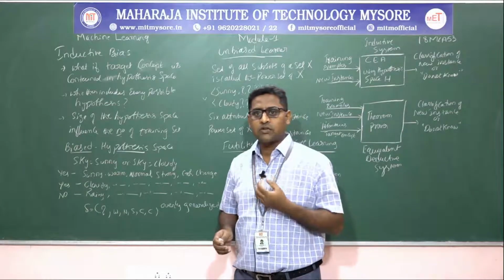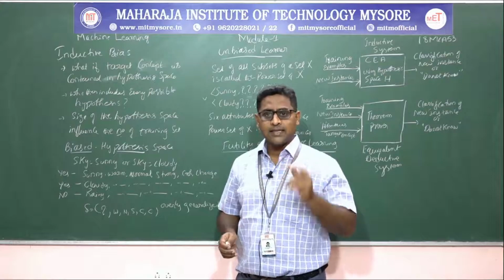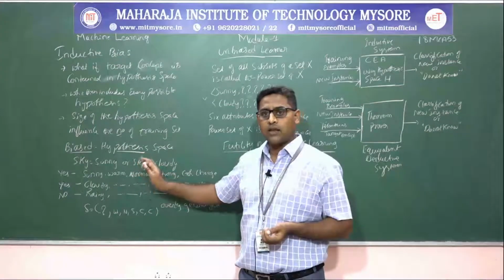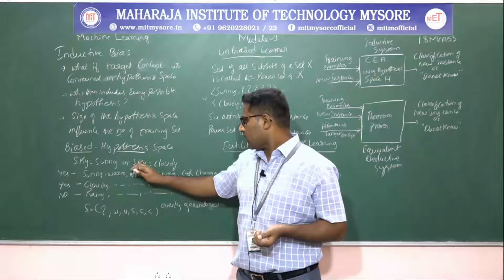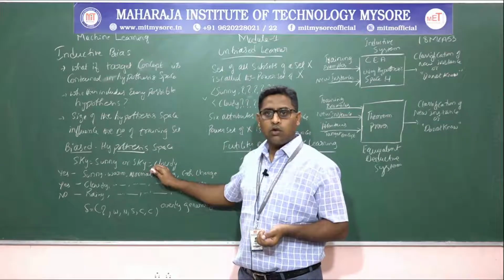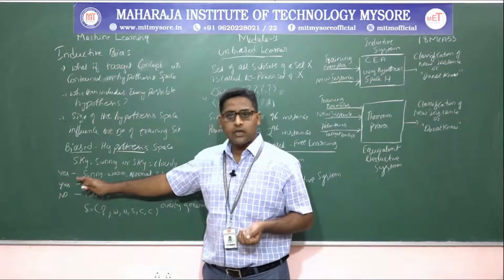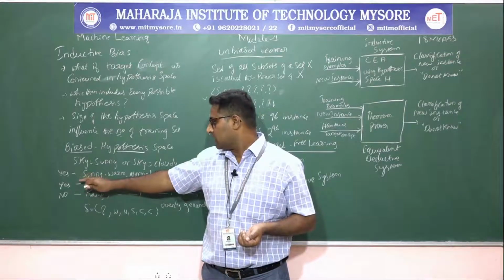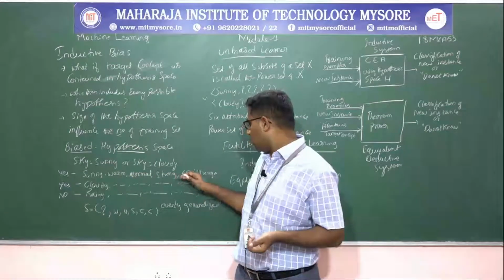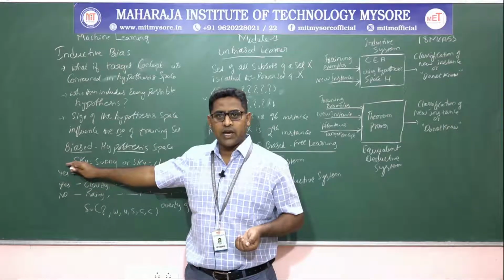Now what if there is another instance, another value for sky like cloudy, where again the values for that instance will be sunny, warm, normal, strong, cool and change, and again it will be positive for the attribute sky.